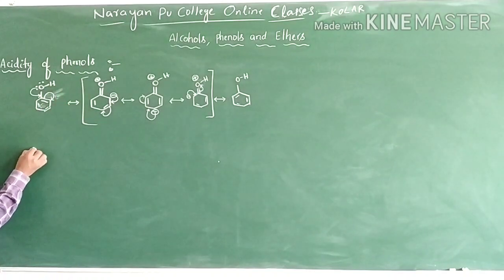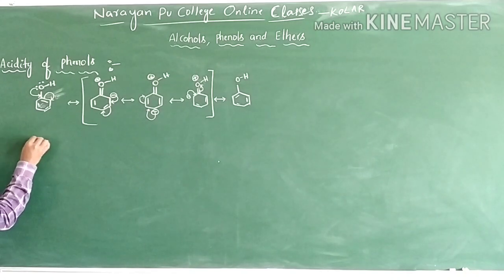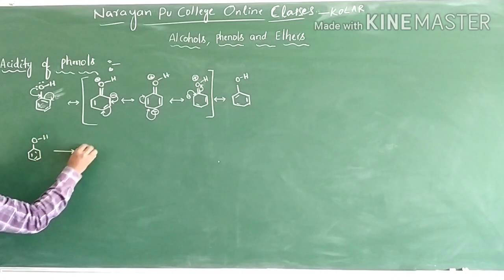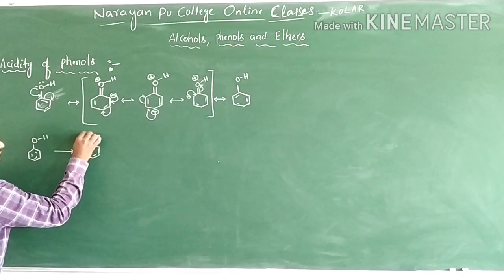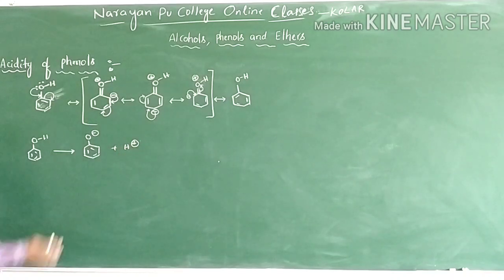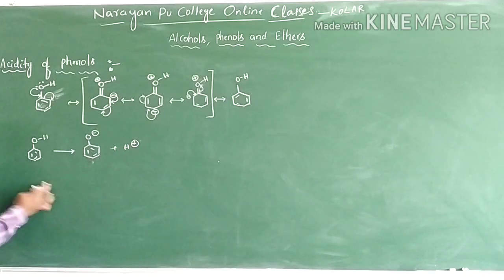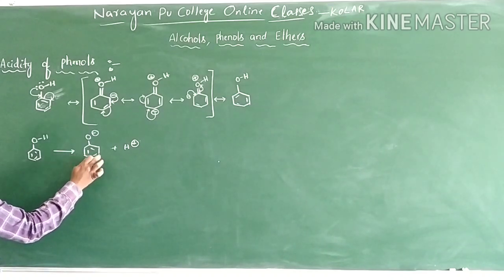Also, second, we can determine the stability and acidity of alcohols using the concept we have already mentioned. First write the phenol, and then write its ion, the phenoxide ion, plus H plus. If the ion is more stable, then the alcohol is more acidic, and you have to check whether it is more stable or not.